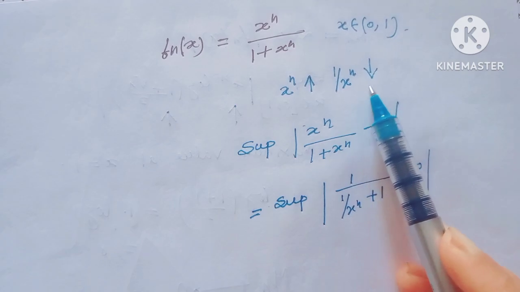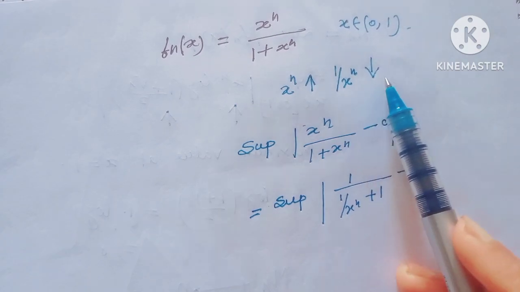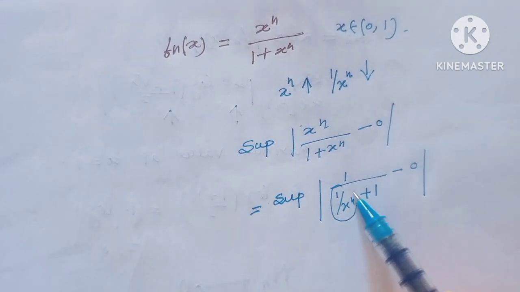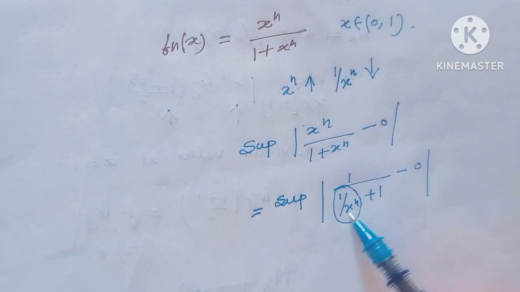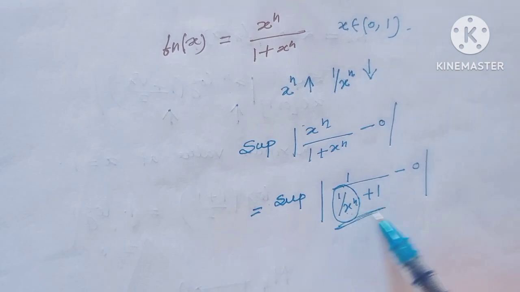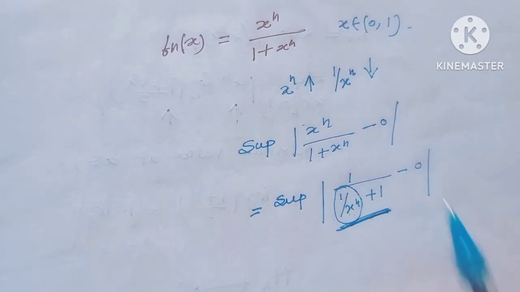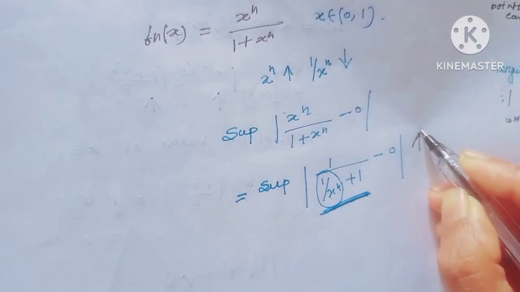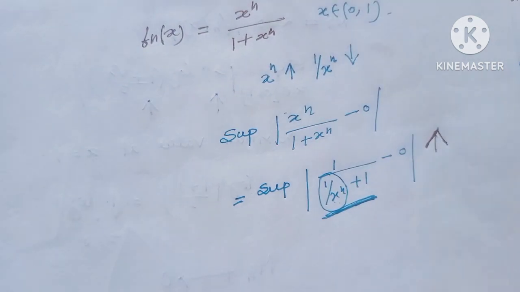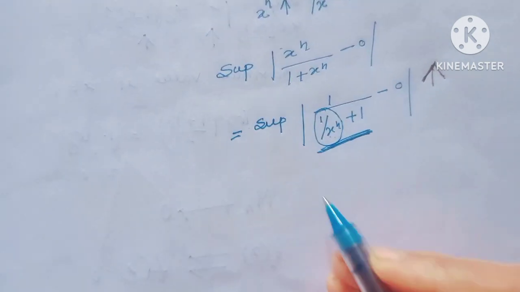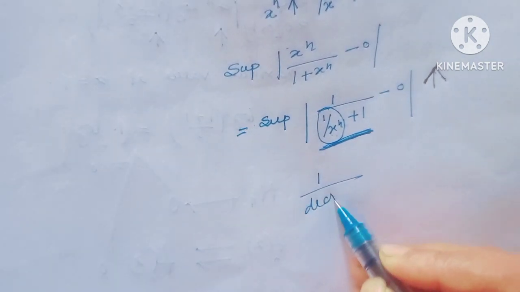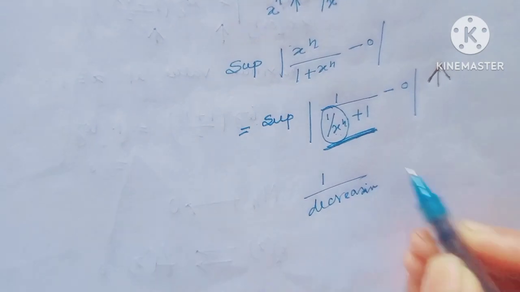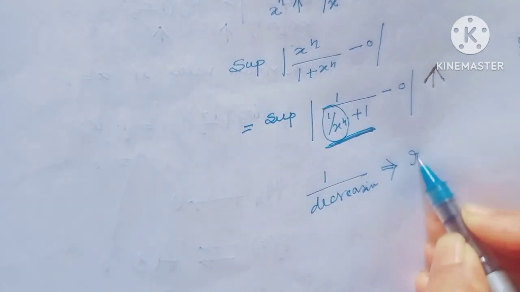Since 1 over x^n is monotone decreasing, this function is monotone increasing, because 1 over decreasing implies increasing.